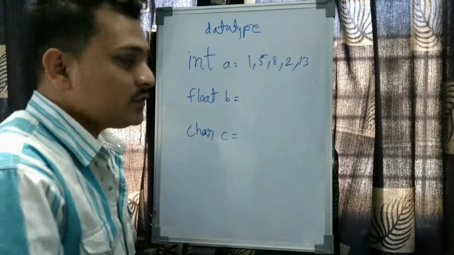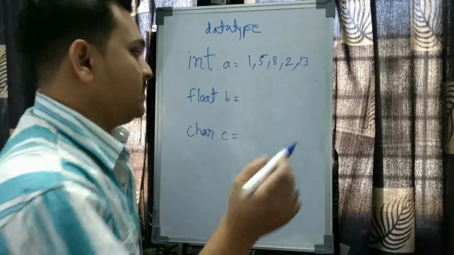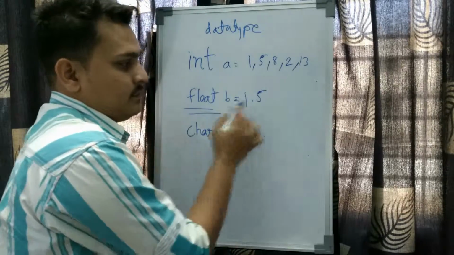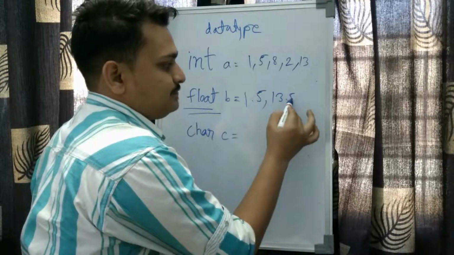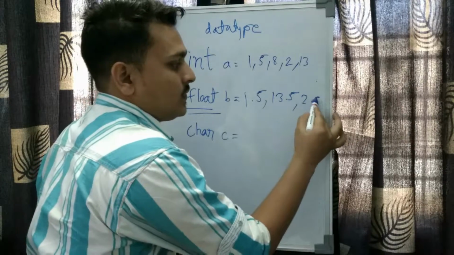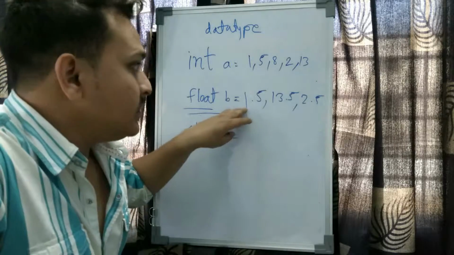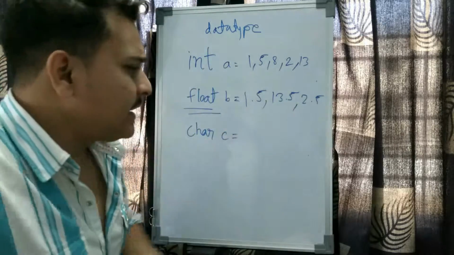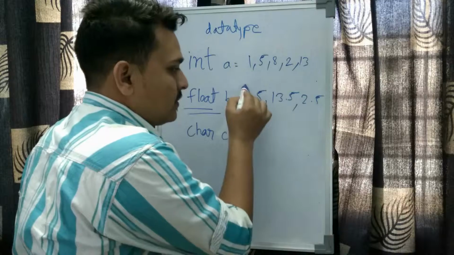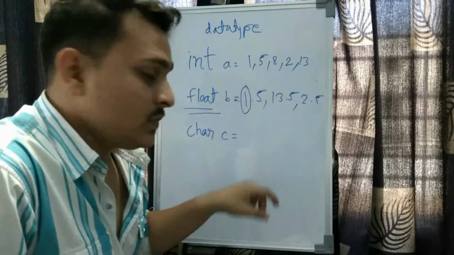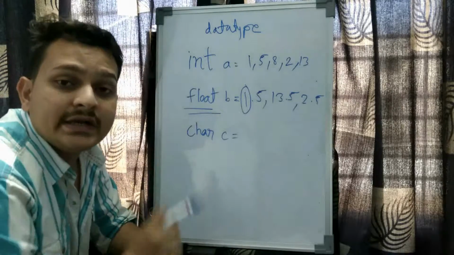And suppose the number you want to work with has a decimal point, you need to use the float data type. If you put this decimal point number into an integer, you will only get the 1, you will not get the right side part of the point. That's why we need the float data type.